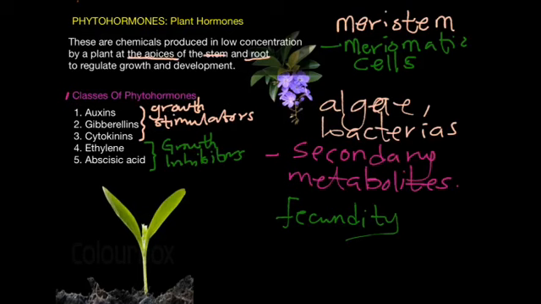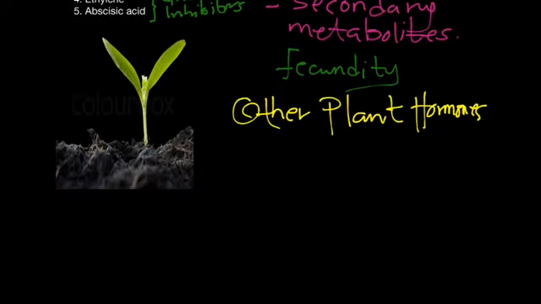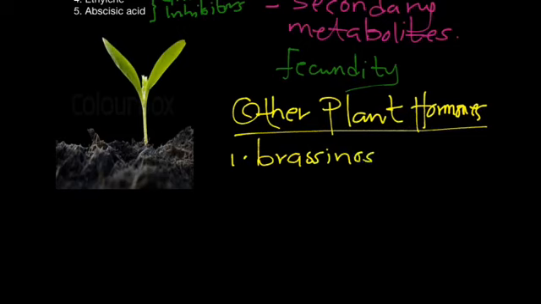Now we also have later discoveries of plant hormones, and we have some other four. So let's say other plant hormones discovered. Now the first one is brassinosteroids. And the second one is jasmonates.